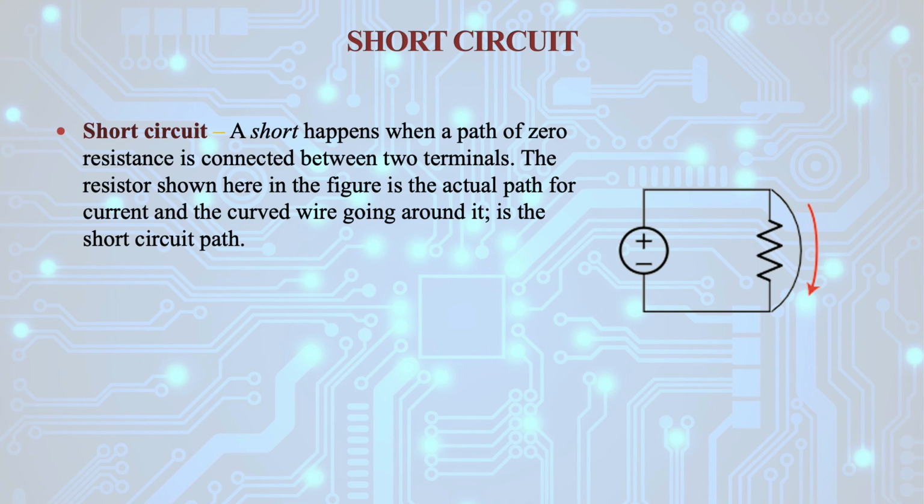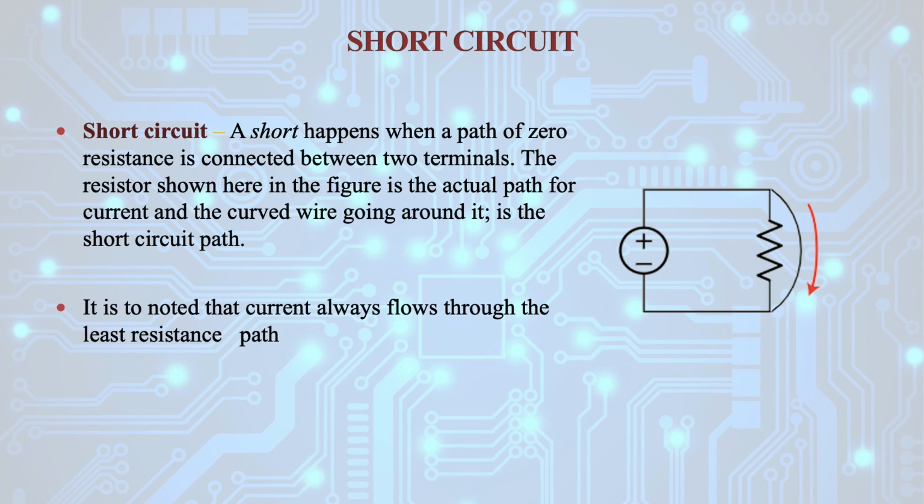Now we have to understand what a short circuit is. A short circuit happens when a path of zero resistance is connected between two terminals. The resistor shown here in the figure is the actual path for the current, and the curved wire going around it is the short circuit path. It is to be noted that current always flows through the least resistance path.